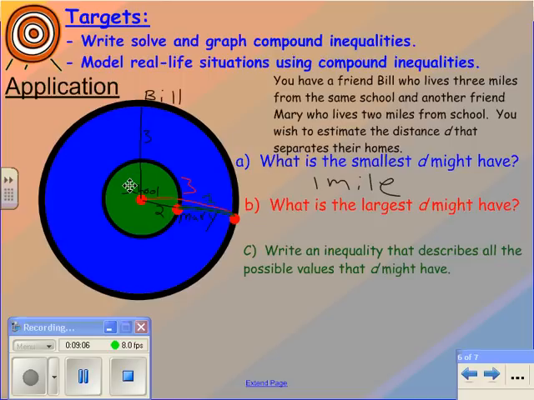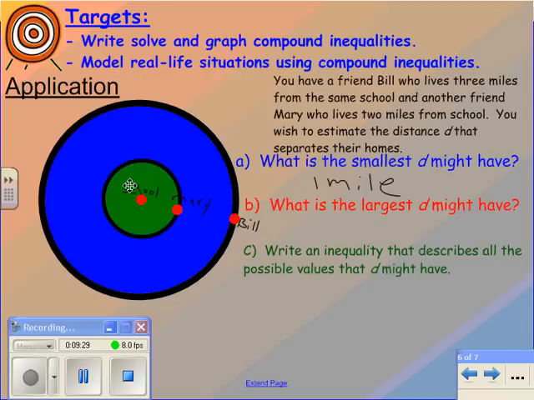So to figure out what is the largest distance we might have, I'm going to erase some of this and make my picture over again a little bit. So again, we have Bill's house right here on the outside, we have Mary's house right here, and we have our school right here again.